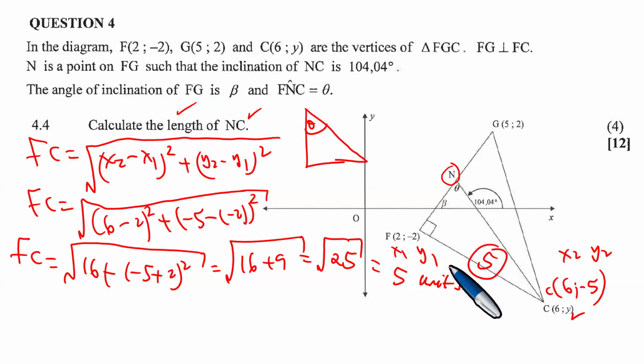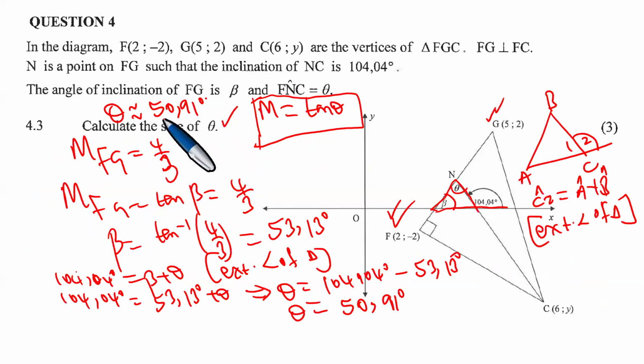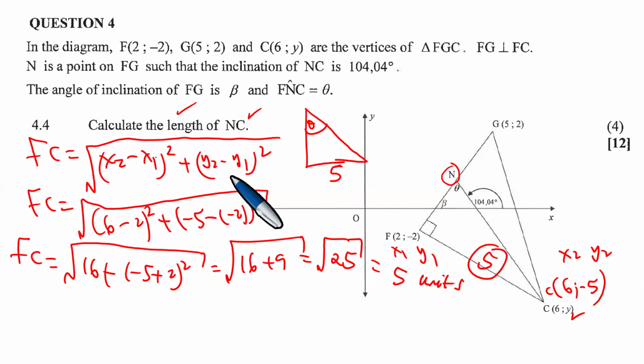And if this is the angle theta at the top, this side is 5, which is the opposite side. We know the angle theta already from the previous question. The angle theta is approximately 50,91 degrees.